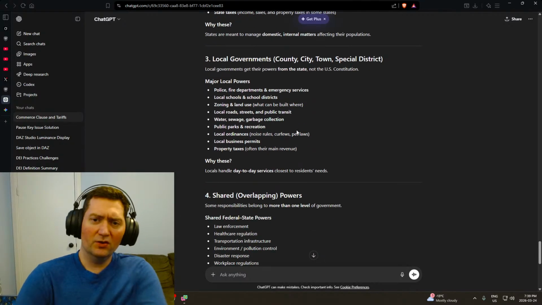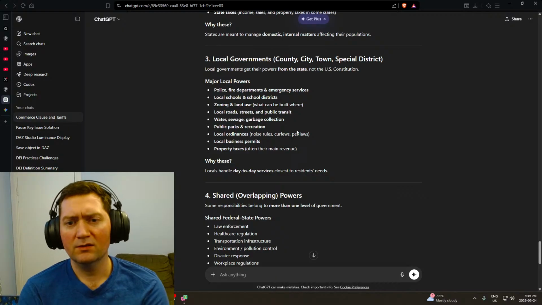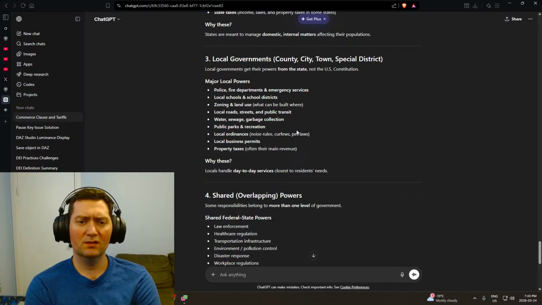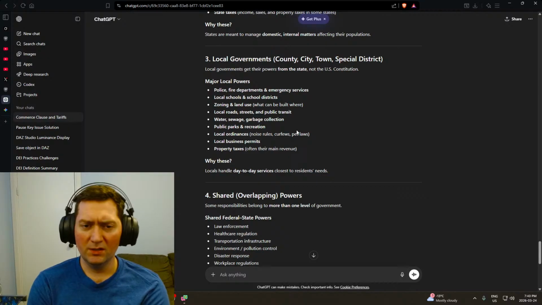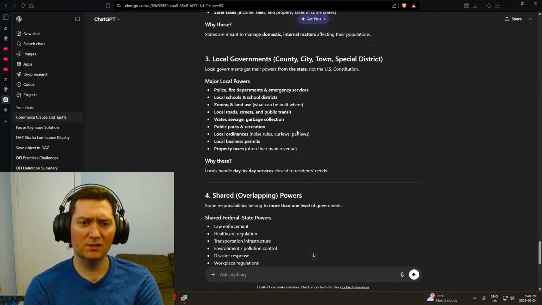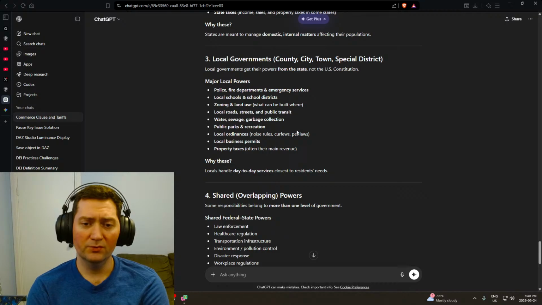Okay, let's look at the local governments. County, city, towns, special districts. Their major local powers are police, fire department, emergency services, local schools and school districts, zoning and land use, local roads, streets and public transit, water, sewage, garbage collection, public parks and recreation.